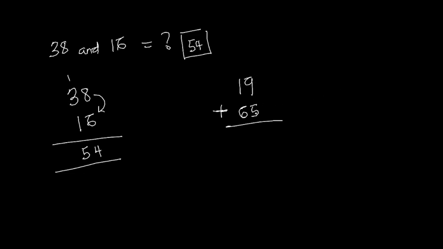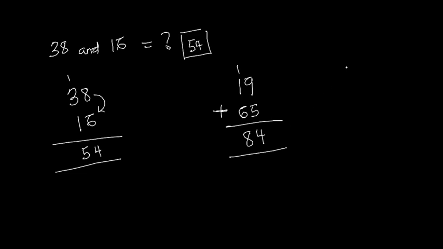So we add 9 and 5 first. So 9 plus 5 is equal to 14. As usual, I write my 4 and I carry the 1 and I move it to the second column over here. So it becomes 1 over here. So now it becomes 1 plus 1, which is 2, plus 6, which is now 8. So my final answer is 84.